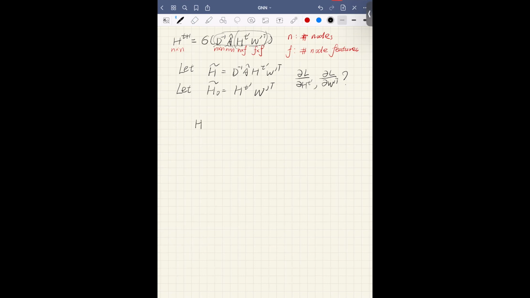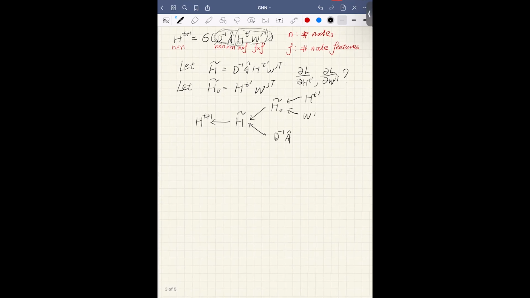H_t prime will be decided by H delta, which is the term within the brackets, and H delta will be defined by the constant matrix term as well as the H0 delta here. H0 delta is defined by H_t prime and W prime transpose.